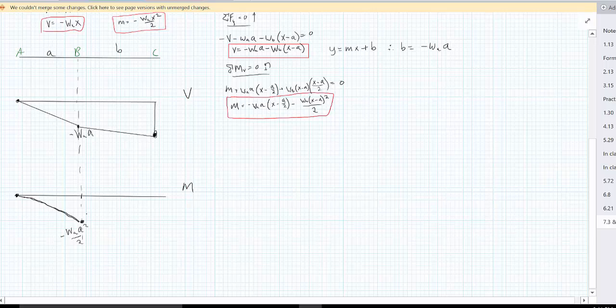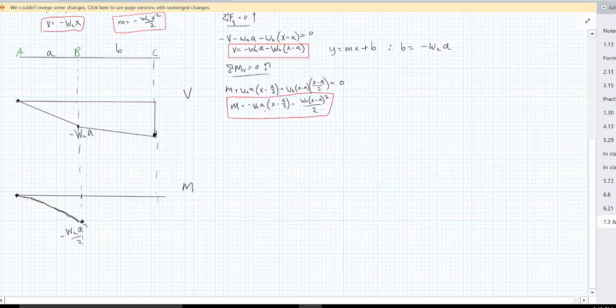But use your imagination. It should be curved. So we'll do the same thing for our moment equation for the second part, going from B to C. If we were starting here, plugging in a for this function will make this term go away.